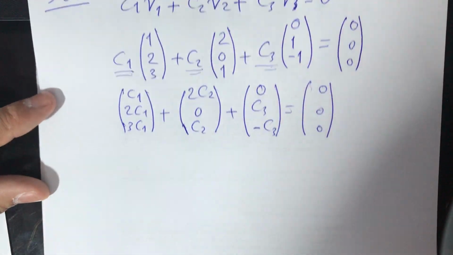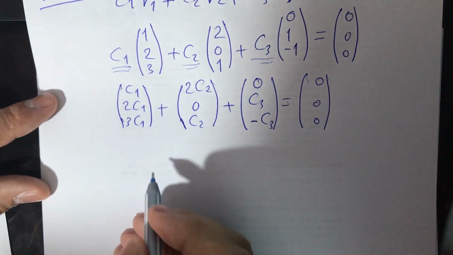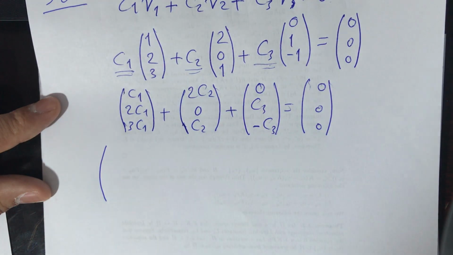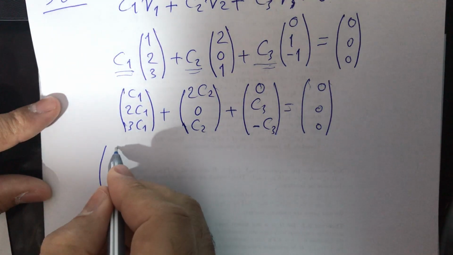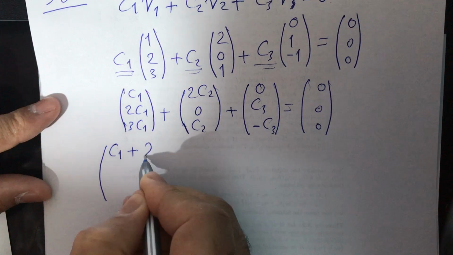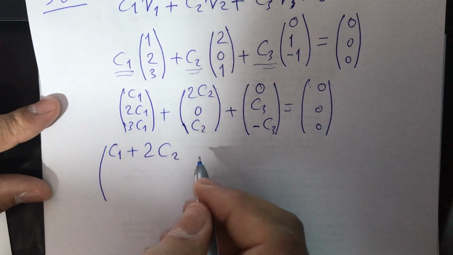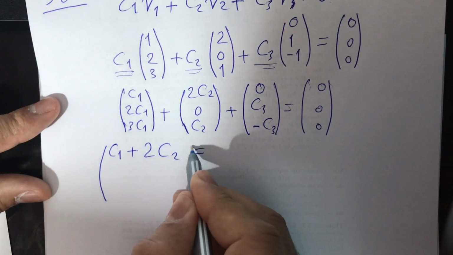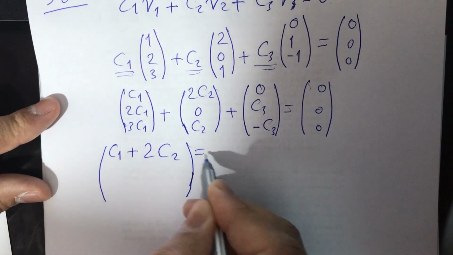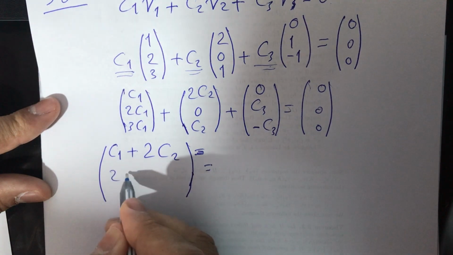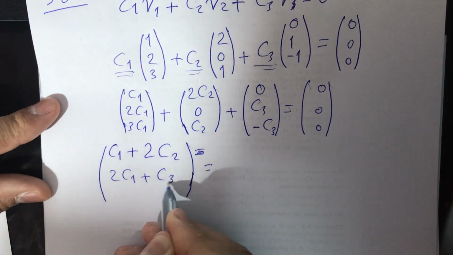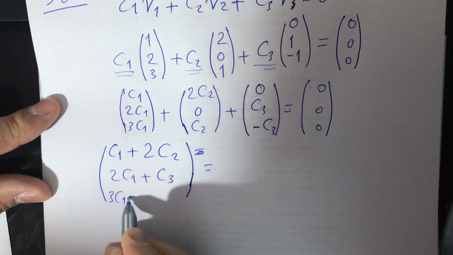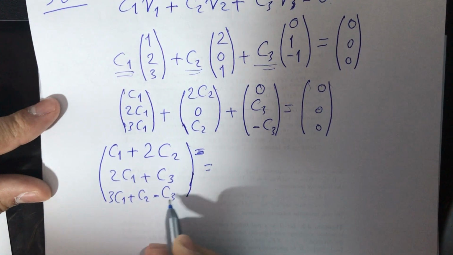And now sum these vectors. This will look like this: C1 plus 2C2, and 2C1 plus C3, and 3C1 plus C2 minus C3.